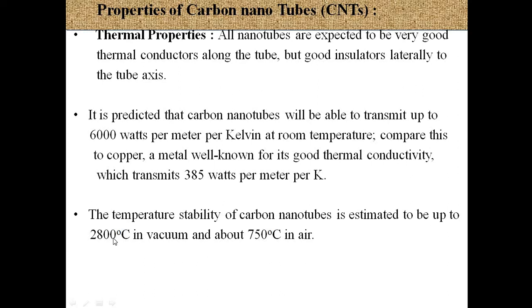So this has very good space application also. This material can be used in space applications because it can sustain very high temperature. The temperature stability is there and the thermal conductivity is retained at high temperature also.